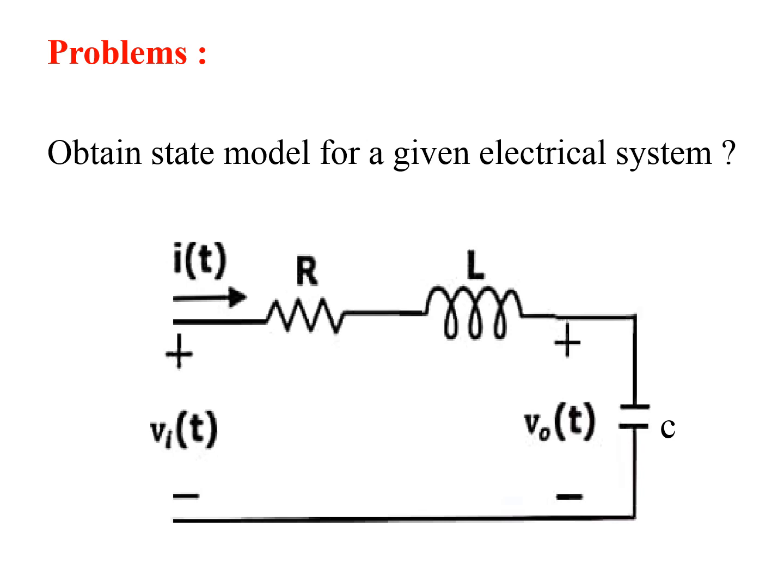Consider those two state variables: the current flowing through the inductor, that is I of t, and similarly the voltage across the capacitor, that is V naught of t. Here V I of t is the input and V naught of t is the output.